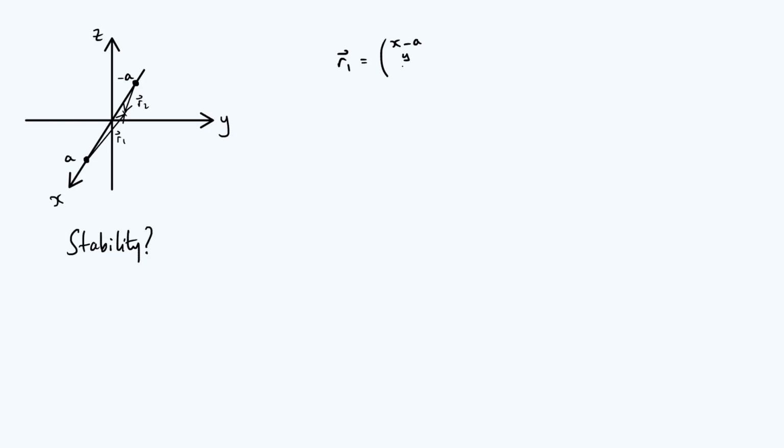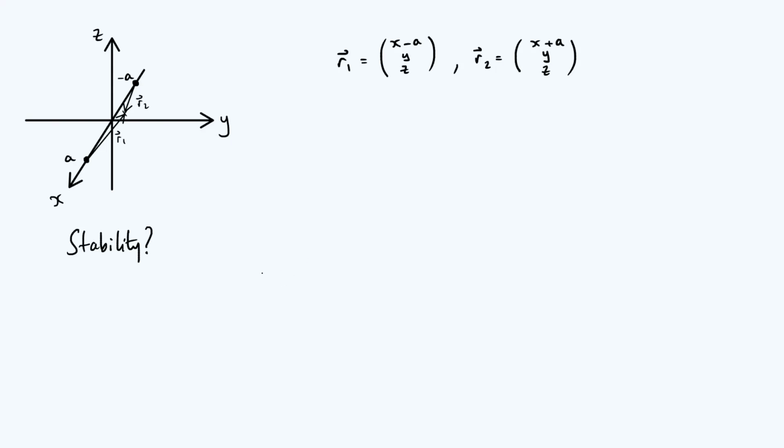So you've just got y and z as the y and z components of r1. By exactly the same logic, the only difference for r2 is that the starting point is at x equals minus a rather than plus a, so that switches the sign of the a, and we conclude that r2 is just x plus a, and then y and z.